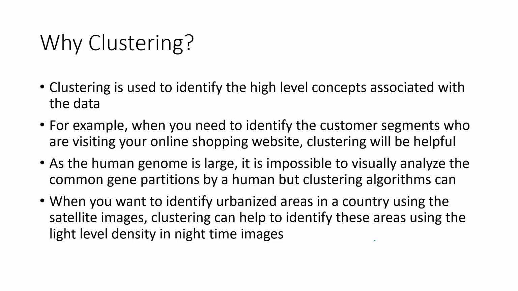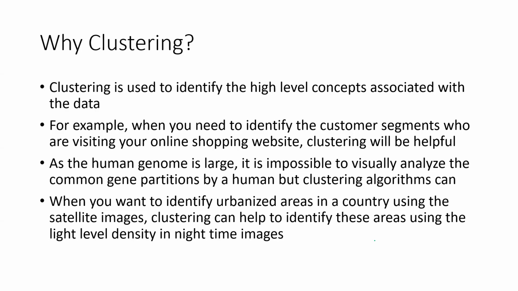You can't manually look at each gene and say this one belongs to this cluster and so on, because there are billions of DNA sequences. So you can use clustering for that kind of requirement. The machine learning in clustering can automatically find the clusters of genes.